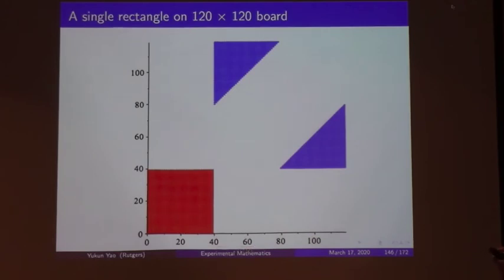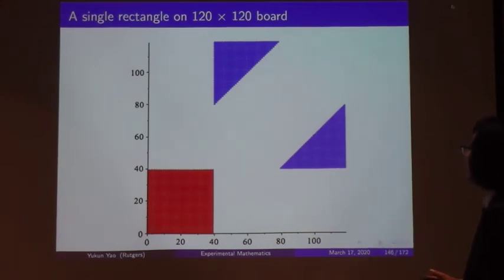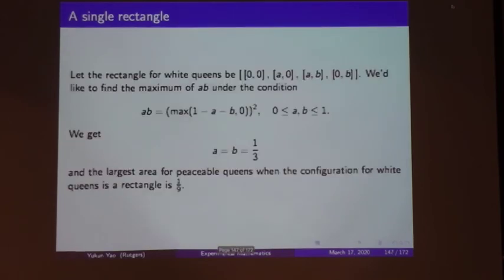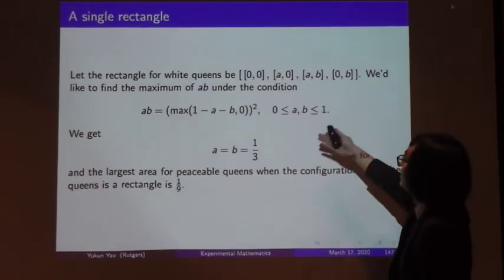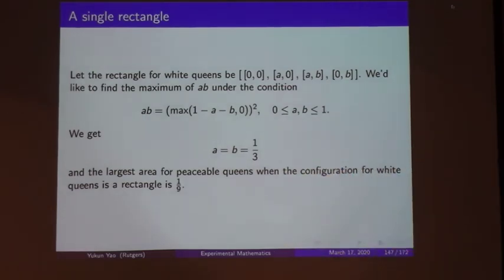So now we want to consider the maximum area under more restrictions for white queens. So for example, what if the white queens are in a single rectangle? So this one is easy. We just need to get the coordinates of white queens, find out the area, then the largest area is 1/9.